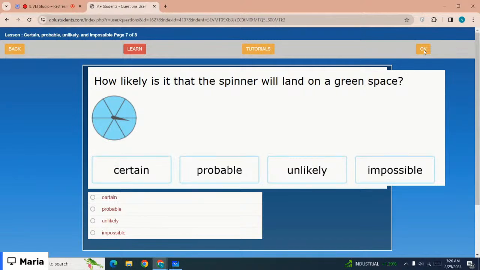How likely is that the spinner will land on a green space?